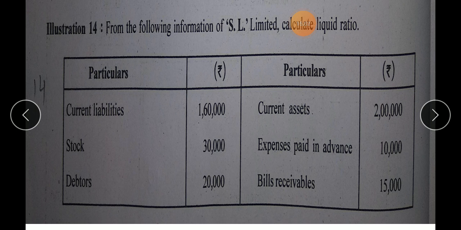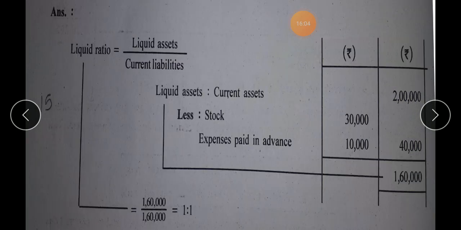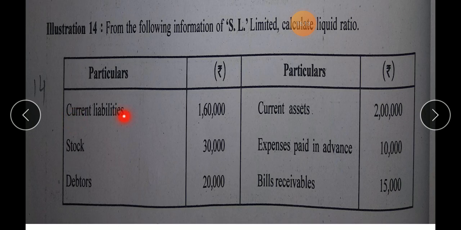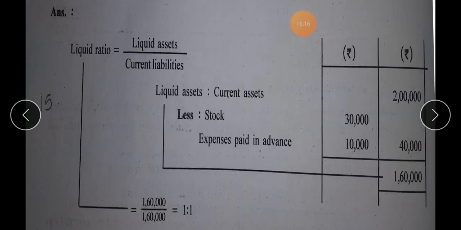So simply putting it in a formula, 1,60,000 is the answer that we have obtained for liquid assets, and also 1,60,000 is the answer given for current liabilities. So once you substitute this figure, the answer that you obtain is 1:1. Again, the answer is to be presented in terms of proportion.